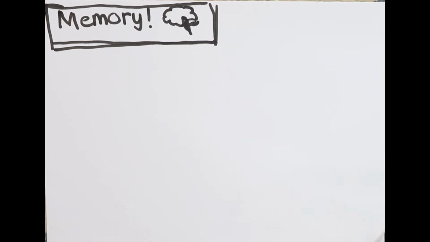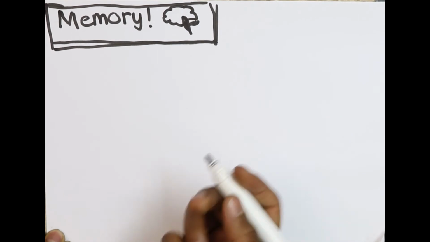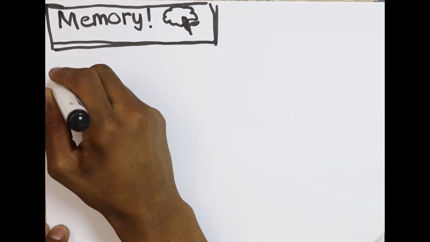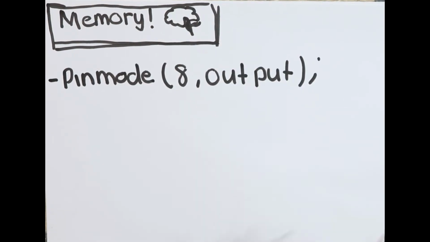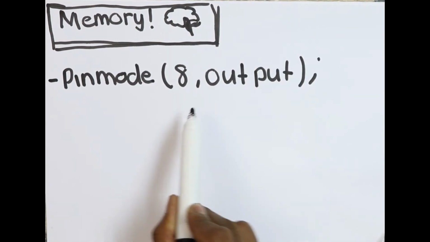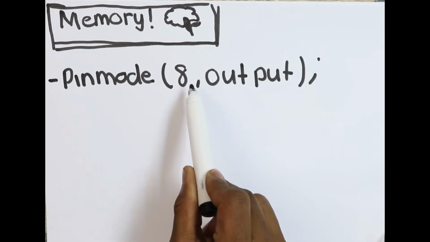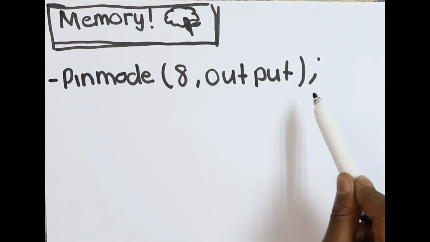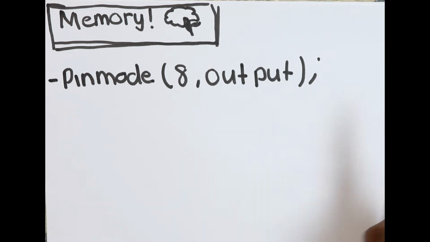So I want to bring back a line of code that we had before, and I'm going to explain on which side of the memory it lies. You remember this pinMode line. This line makes pin number 8 an output, which means that pin number 8 gives out external signals that control our LED.